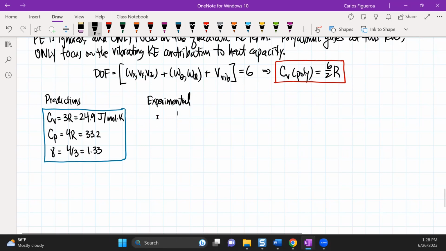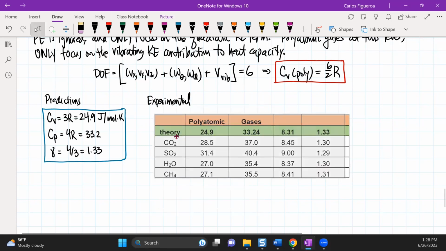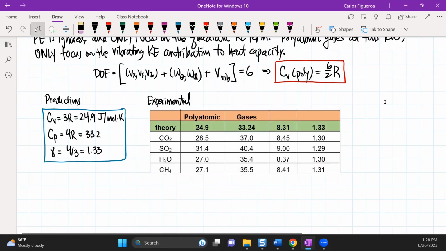So here's my table, and it looks like this. What you're seeing here is, look at the values. The theory predicts 24.9, and look at these values here. Look at the difference between these. If you look at the differences, it ranges from, at best, 8.5%, and then these are 26%.